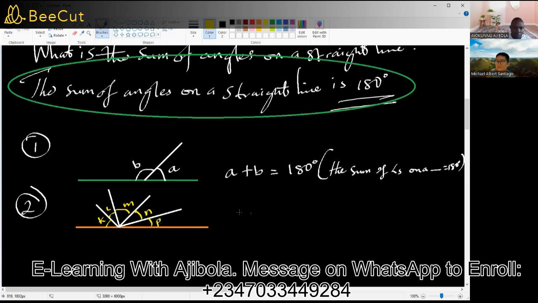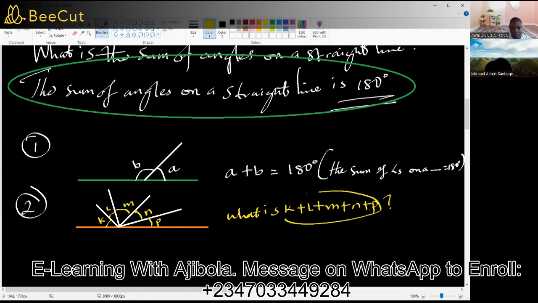So what is K plus L plus M plus N plus P? What will it give me if I add all of them together? What is the addition of all of these?